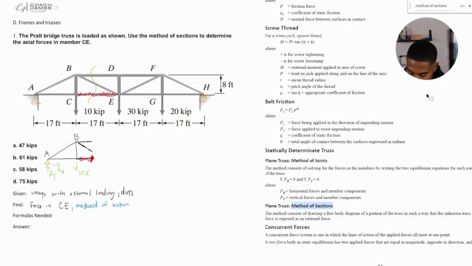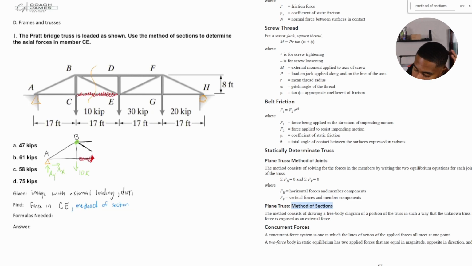I feel like if I found AX, I could take a moment at, if I knew what AX and AY were, then I could take a moment at B and I would be able to determine a force, which is the force in CE, and I would be able to multiply it by a distance of 8 feet.